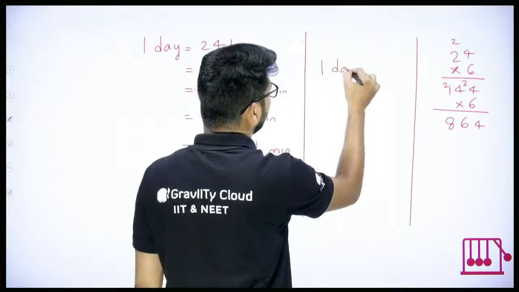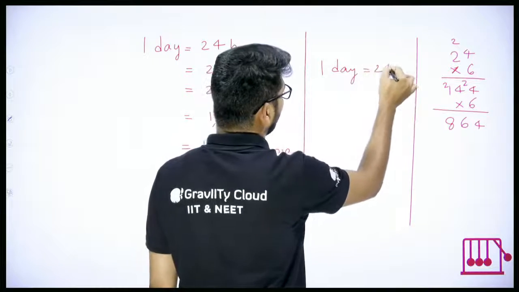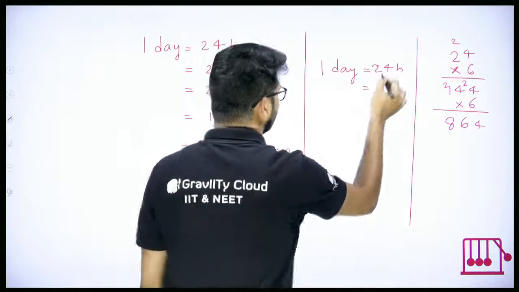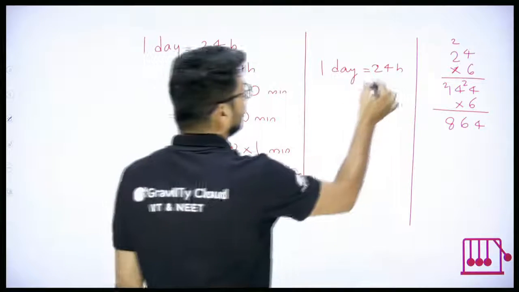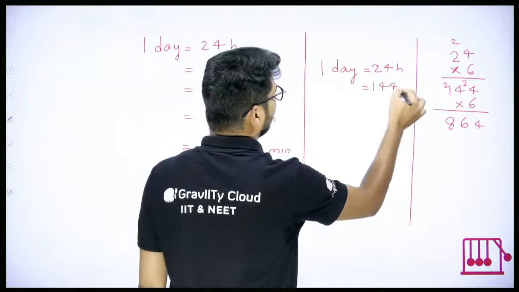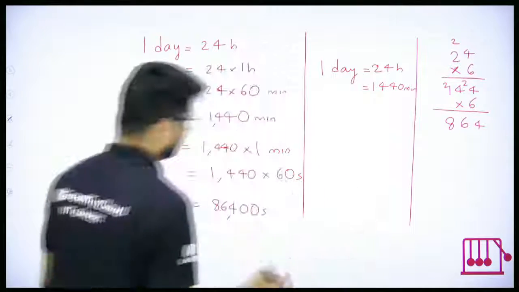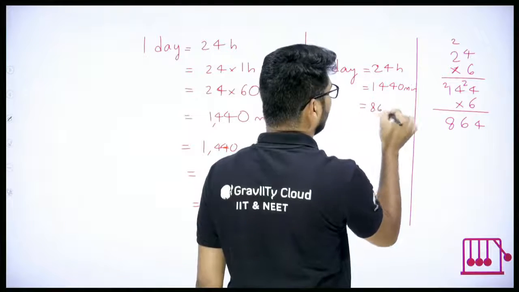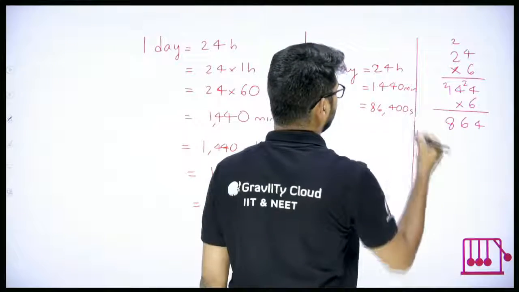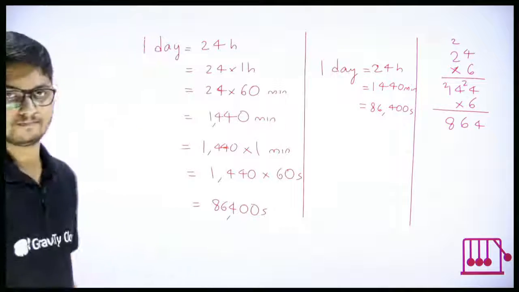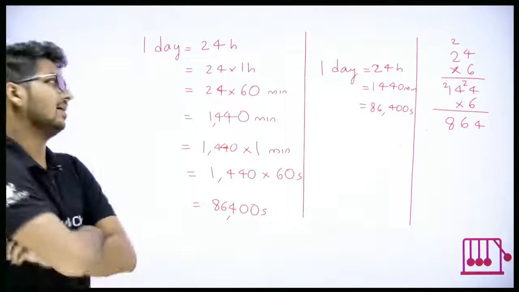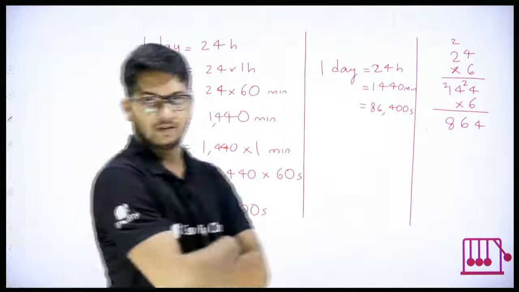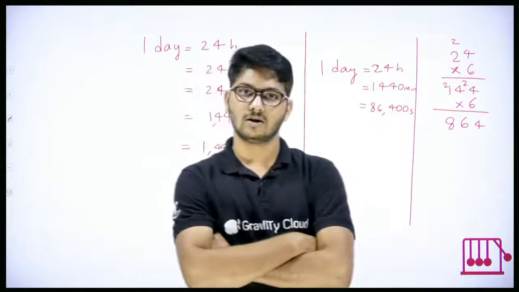That means 1 day is equal to 24 hours. The same 1 day is equal to 1440 minutes, and it is also equal to 86,400 seconds. So that is 1 day equal to. Clear? Good?